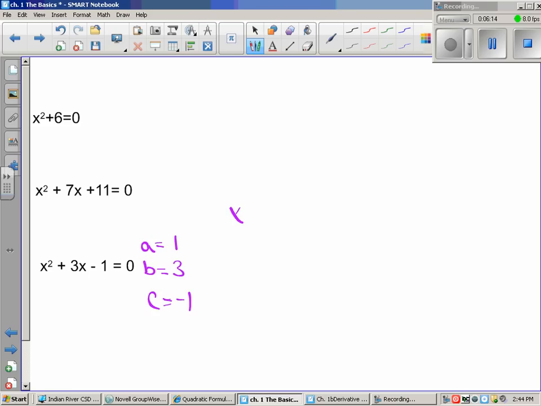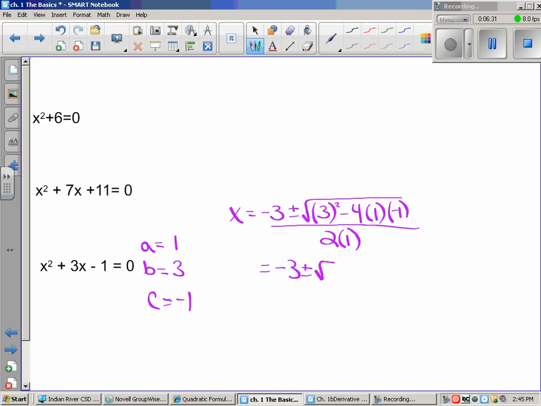So x equals negative b, that negative 3, plus or minus the square root of b squared minus 4ac all over 2a. And so we have negative 3 plus or minus the square root of 9 plus 4 over 2.